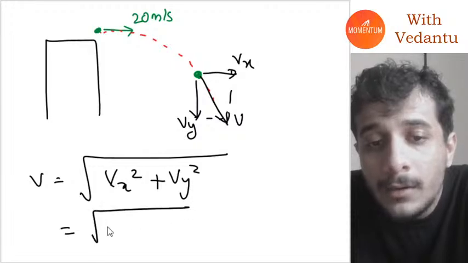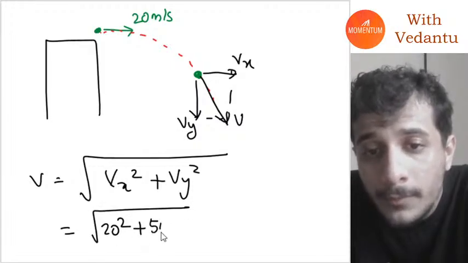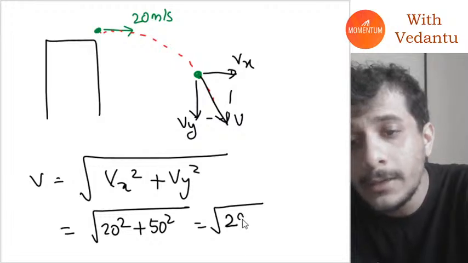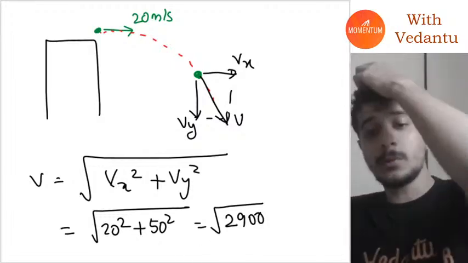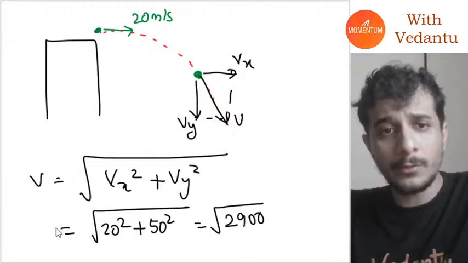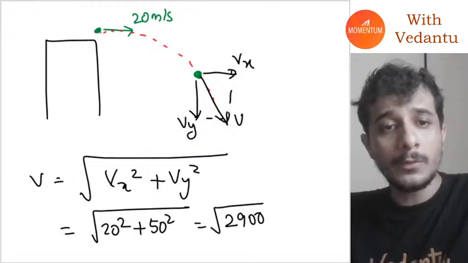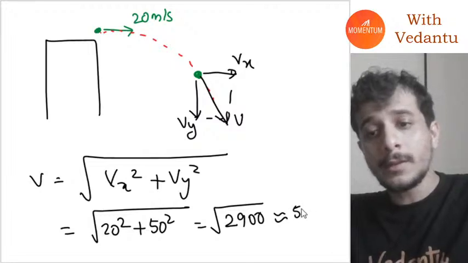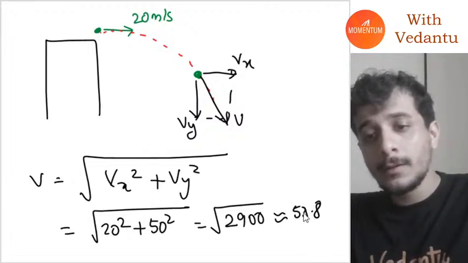That will be under root of 20 square plus 50 square. Okay, that will be under root of 2900. 20 square is 400, 50 square is 2500, so 2900. If you do under root of 2900, that is approximately 53.85 meters per second.